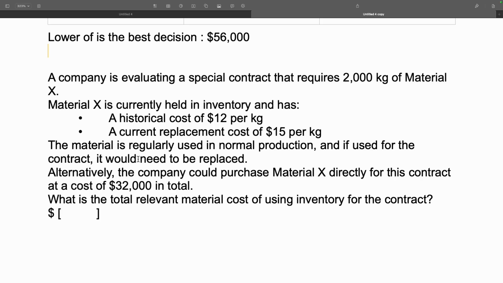So right now, you got two costs to consider. How much is the cost here?